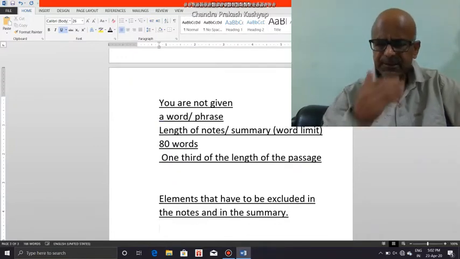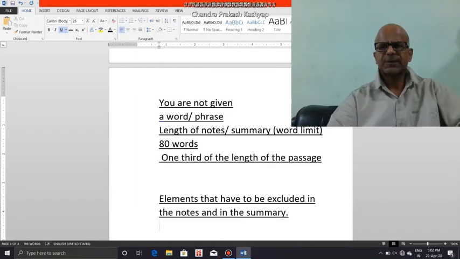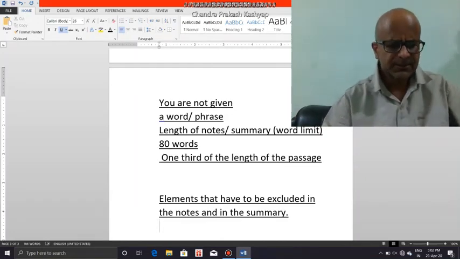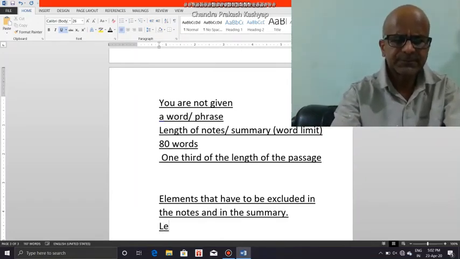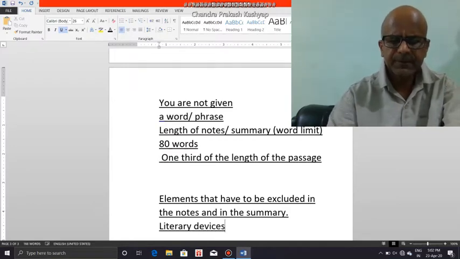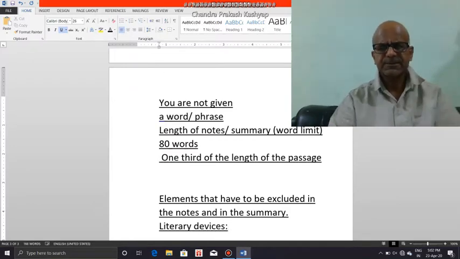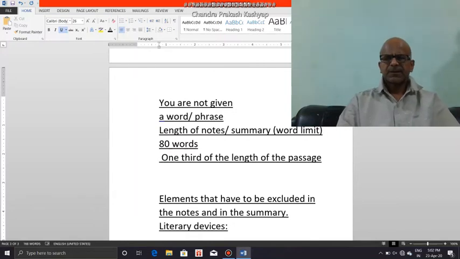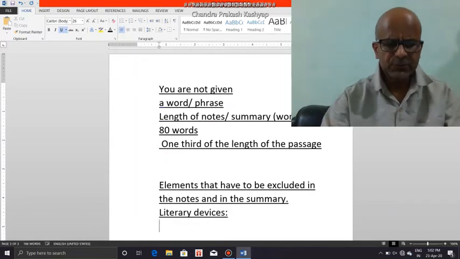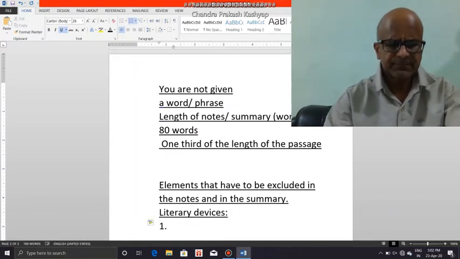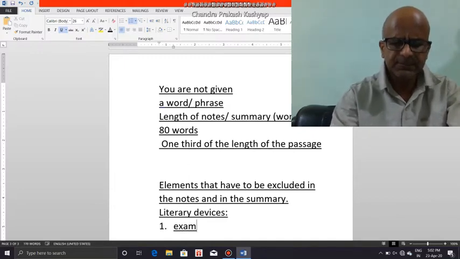Now, you must understand that when an author sits down to write something, he makes use of many literary devices. He would make use of, say, examples.